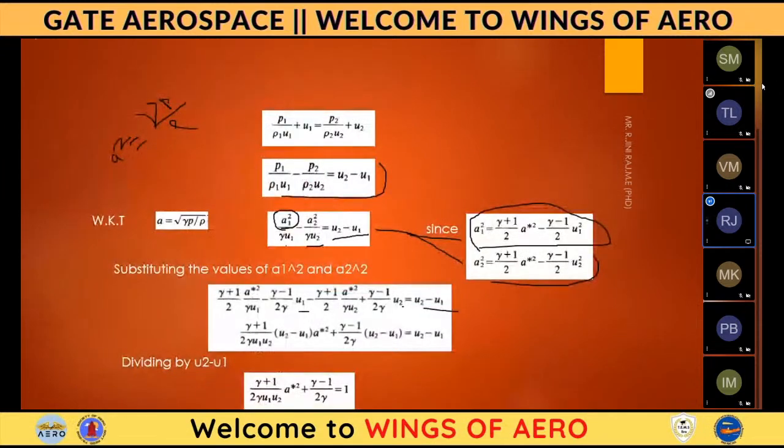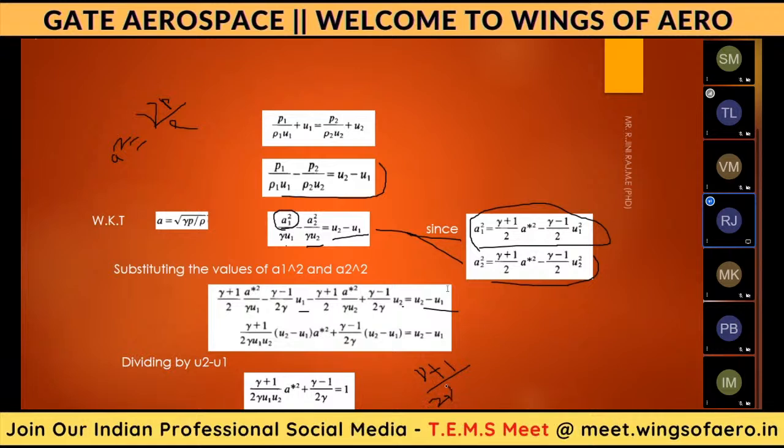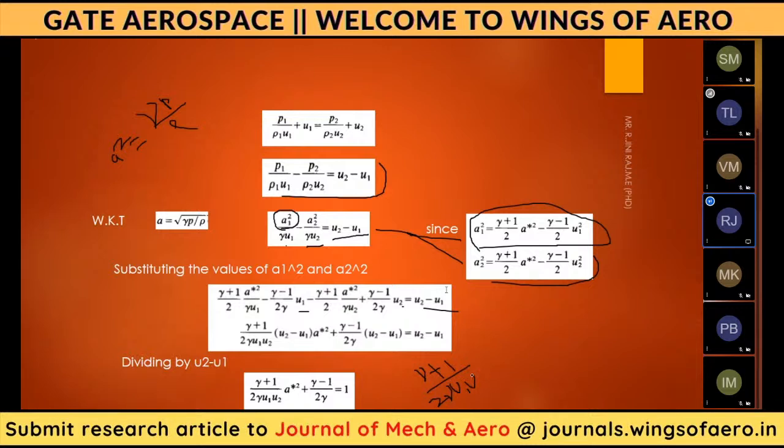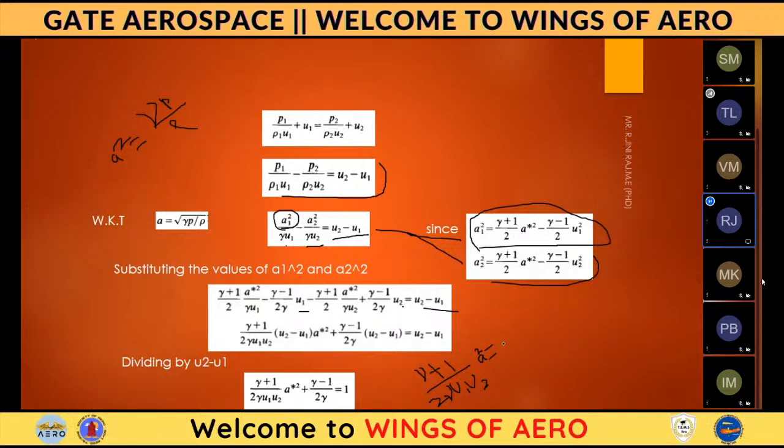So by solving this, we can get, see here, gamma plus 1 divided by 2 gamma u1 u2 into a star square equal to 1 minus gamma minus 1 divided by 2 gamma.